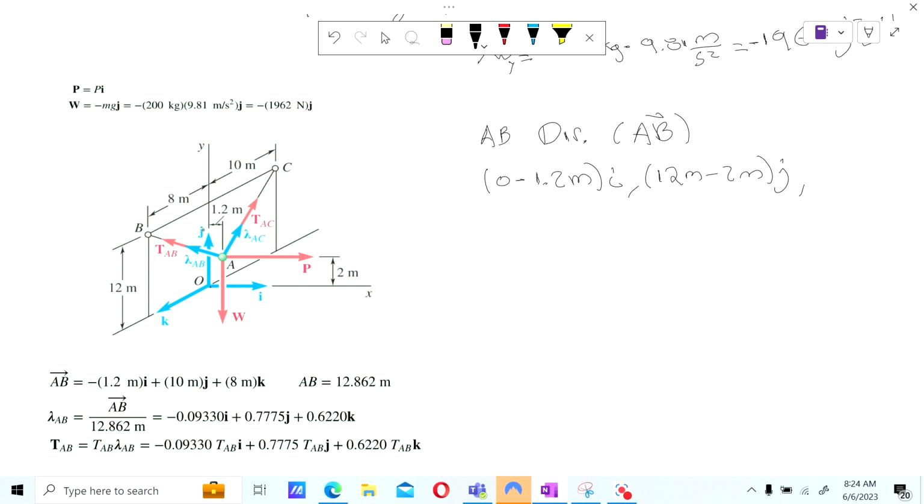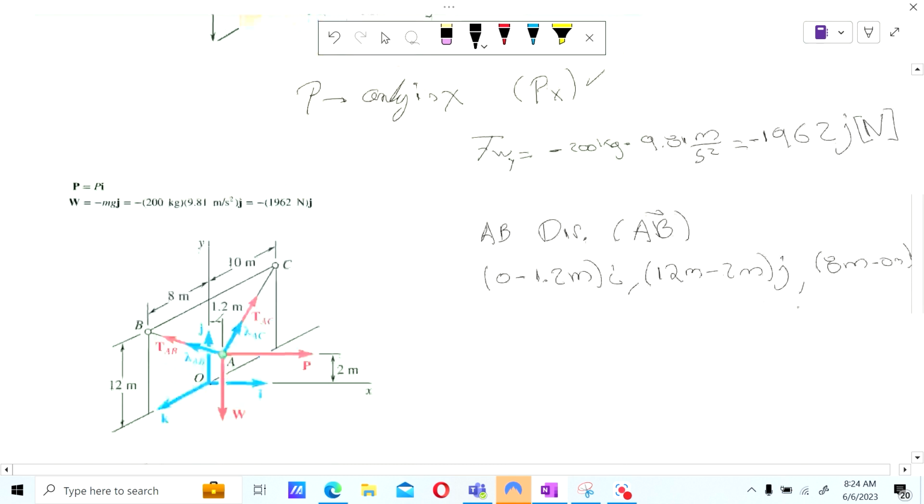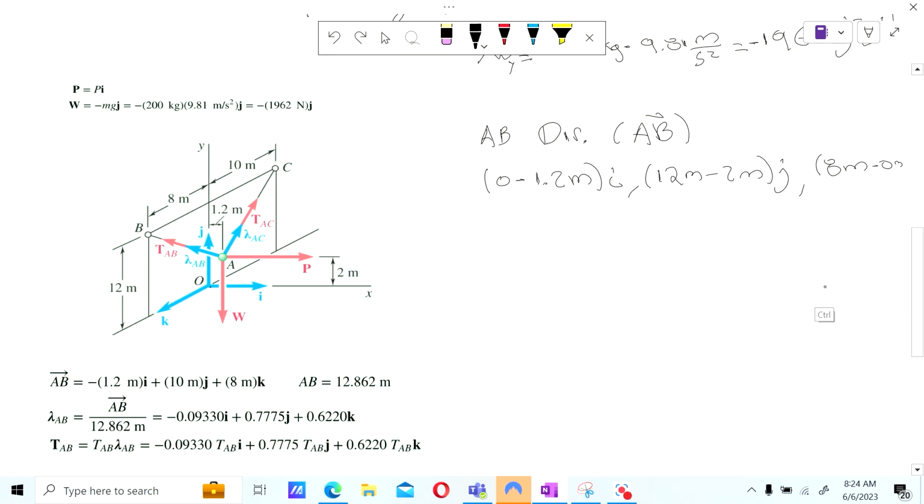The head is at 12 meters in Y, and in Z is at 8 meters. And A is at 0. And this is at K. Eight meters minus 0 meters at K.